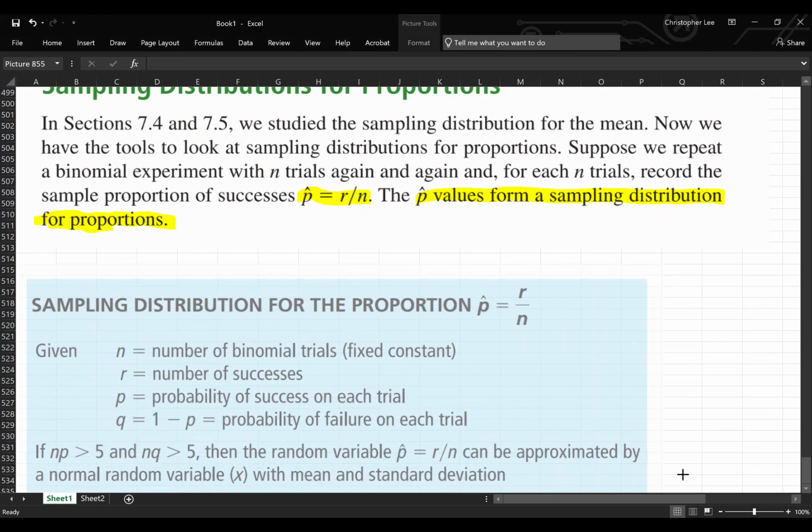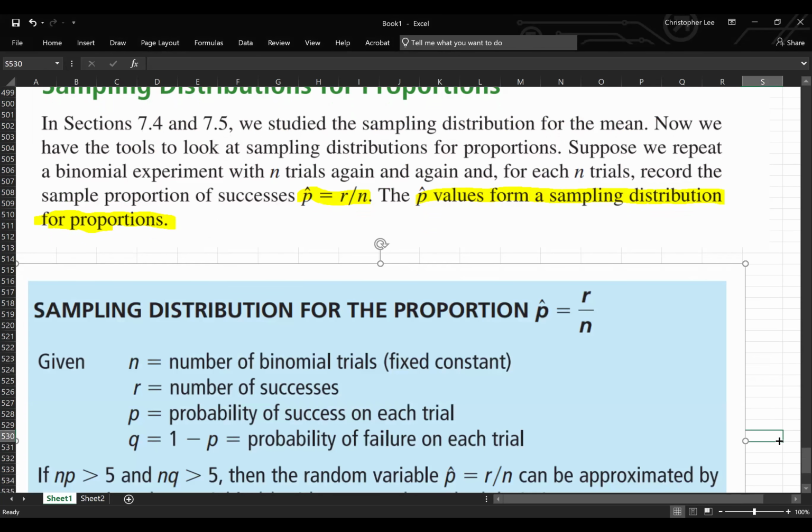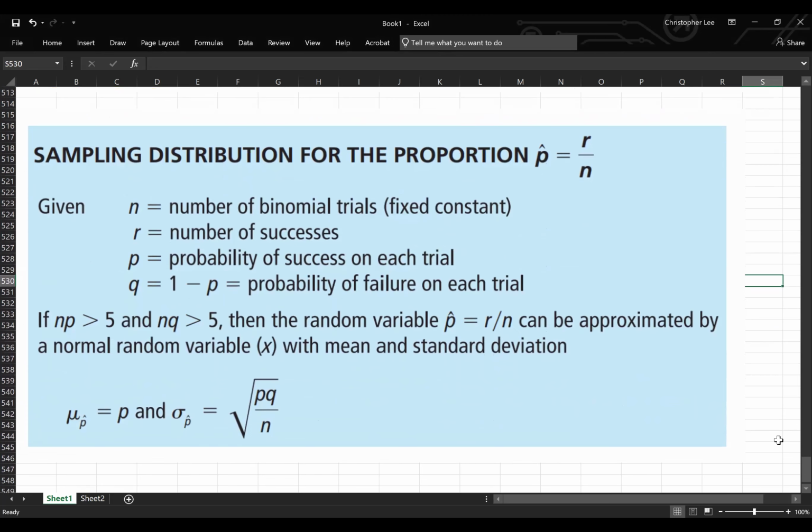So here we go. Here's the sauce right here. Sampling distribution for the proportion: p hat is equal to r over n. Remember, r is your number of successes, n is your sample size. Given n is the number of binomial trials, a fixed constant, r number of successes, p probability of success on each trial, q is equal to 1 minus p, which is your probability of failure on each trial. This is important.